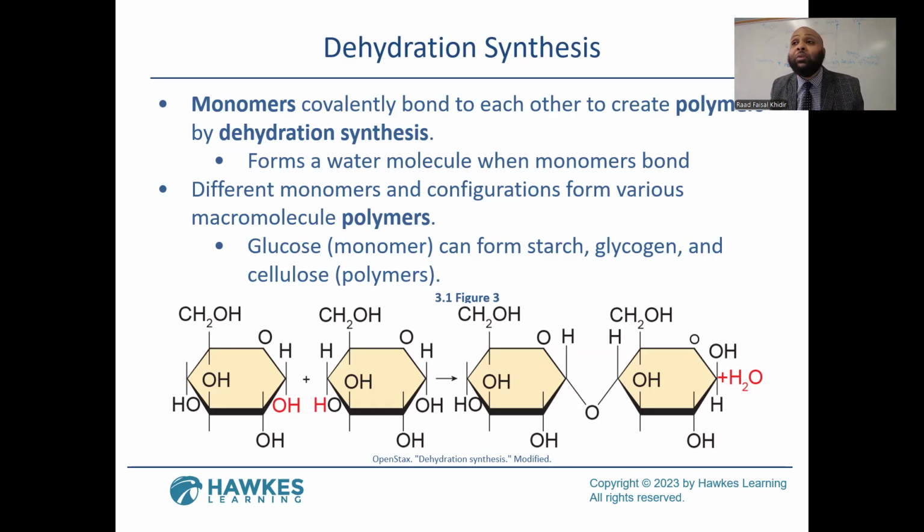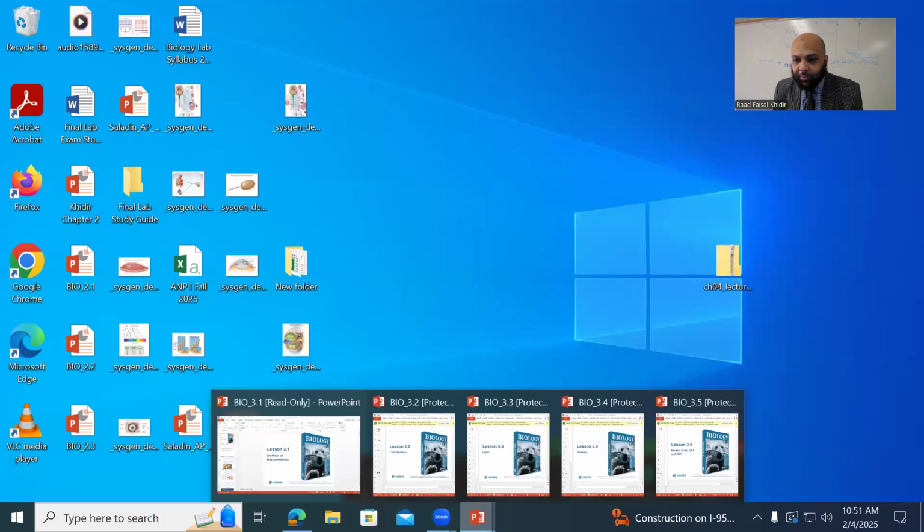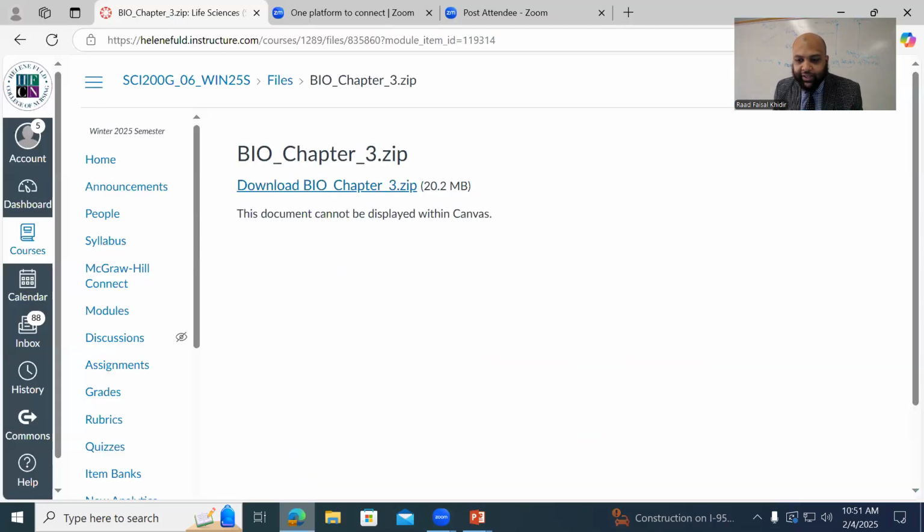Remember, I told you before that ammonia, NH3, if you weigh it against water, H2O, are they different in mass? Yeah, they are different, but are they significantly different?